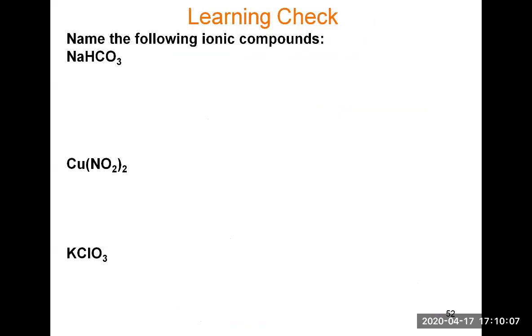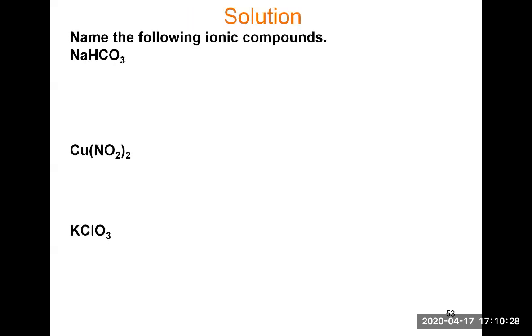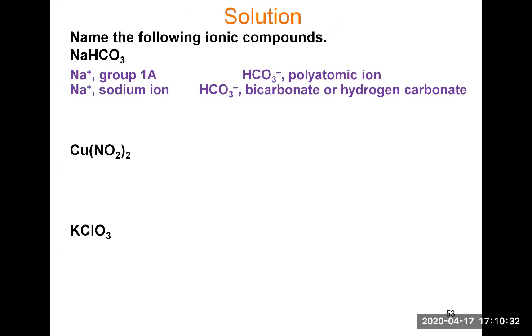So NaHCO3. Here, hopefully you recognize Na, the sodium metal. So the name will have sodium to start with. Then you want to look at HCO3 in your list of polyatomic ions and hopefully recognize it. And HCO3 is the hydrogen carbonate, also called bicarbonate ion.